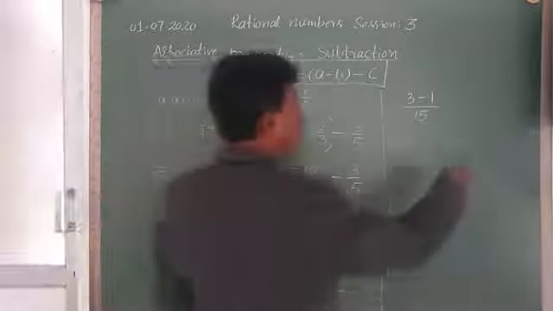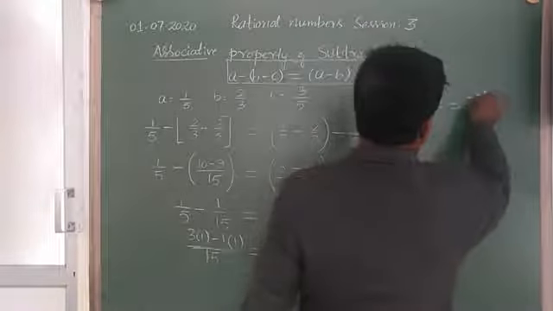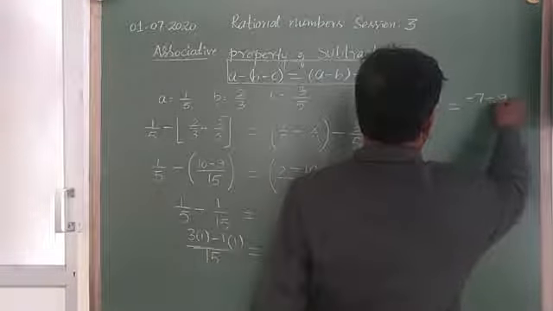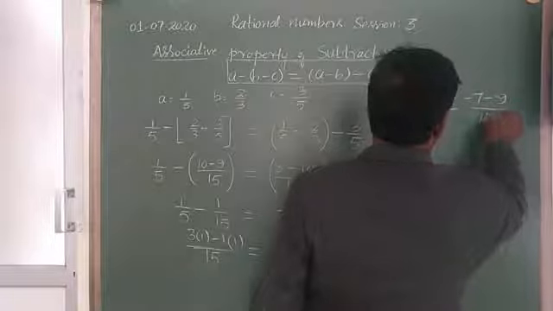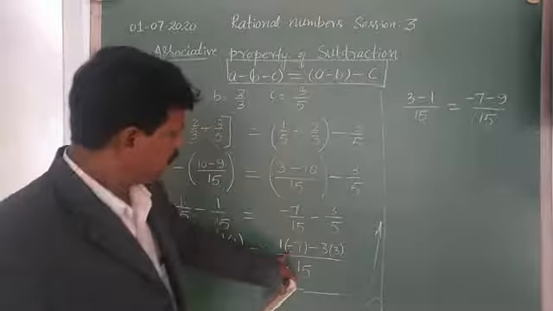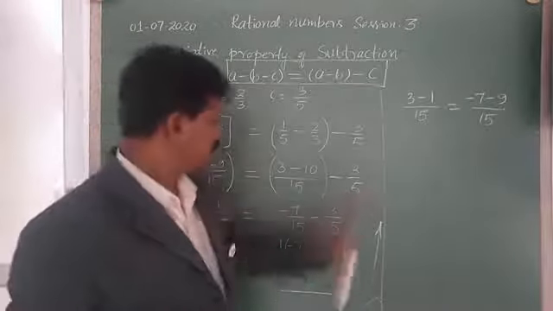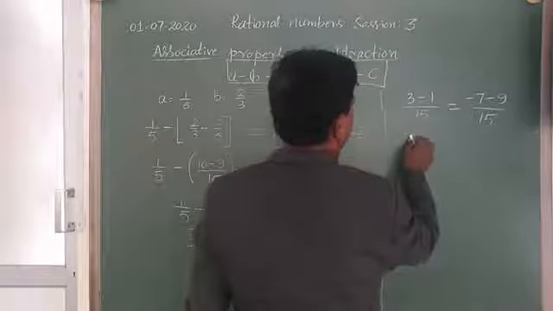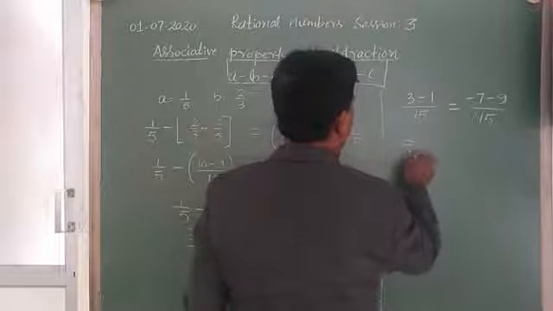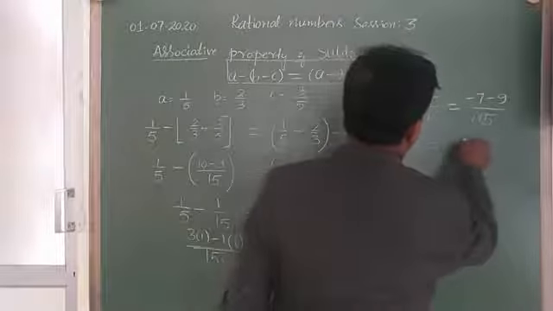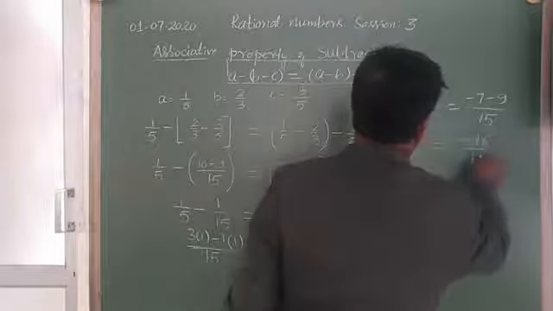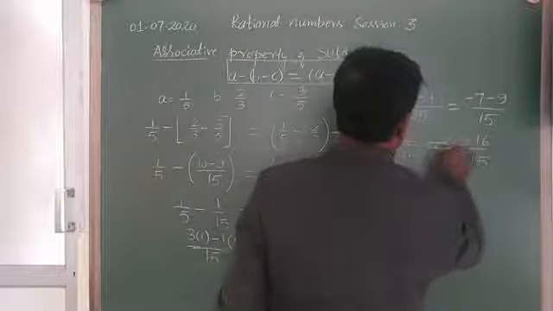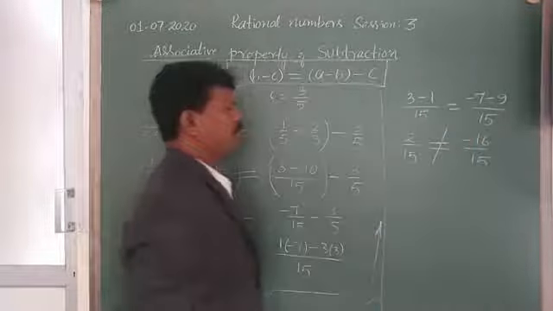Now this is minus 7 minus 3, that is 9 by 15. Look at this, minus 7 ones are 7, minus 7, 3 threes is 9, minus 9. So 3 minus 1 is 2 by 15, and this is minus 16 by 15. So the answer is not the same. So look at this.